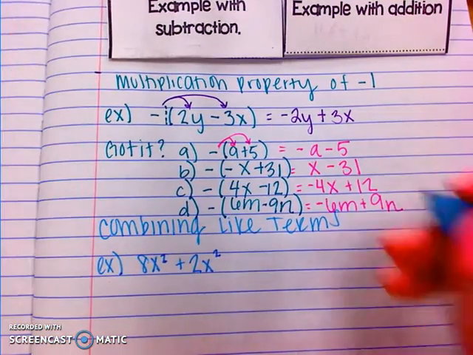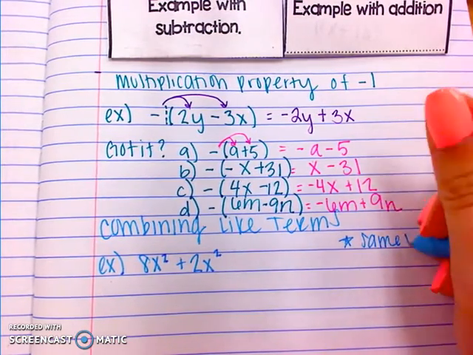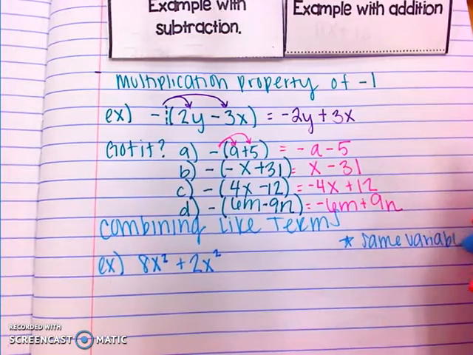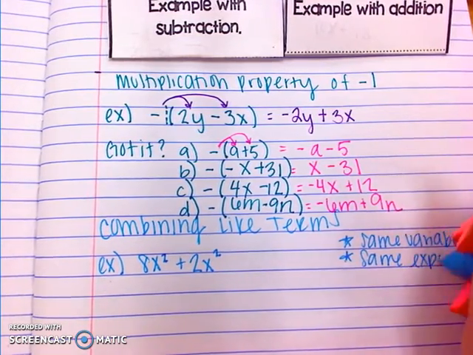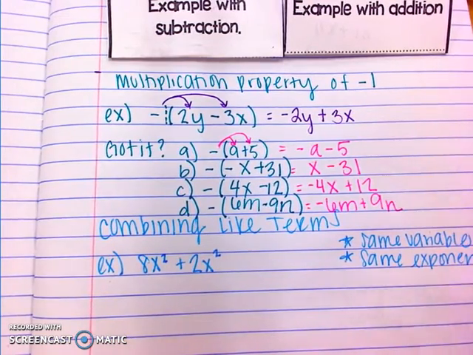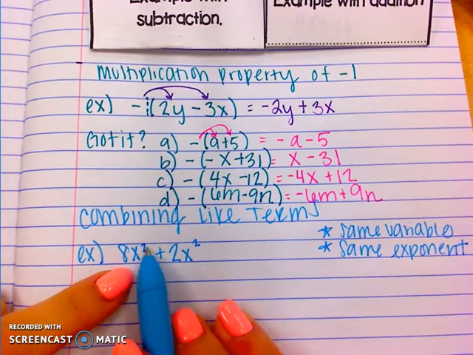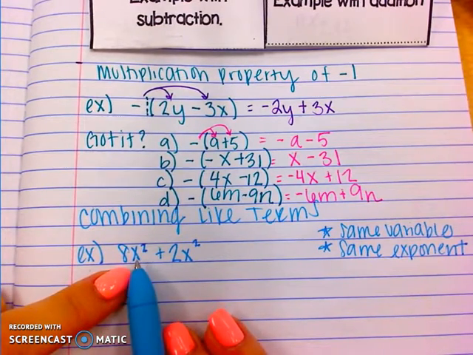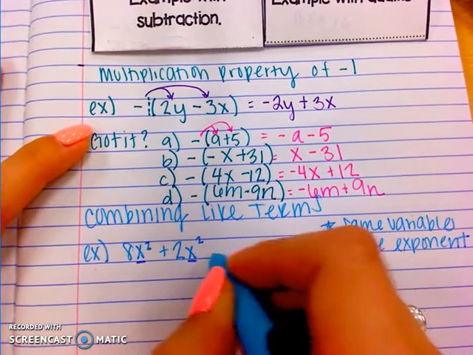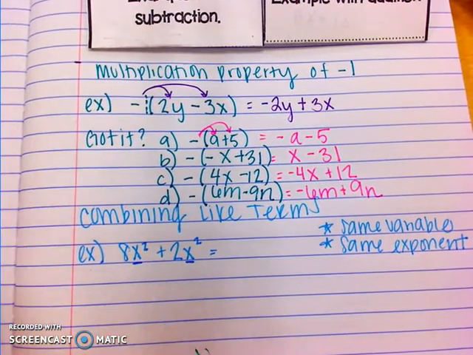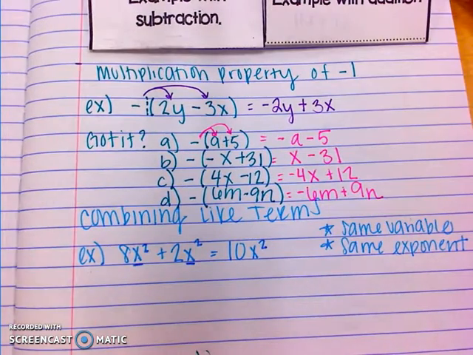When you're combining like terms, we need to have the same variable and the same exponent. Okay? So in this example, the variable is x, and x is squared. So any other like term has to have an x squared. Luckily for me, there's an x squared here and here, so I can just combine those coefficients. We have 10x squared. Okay?